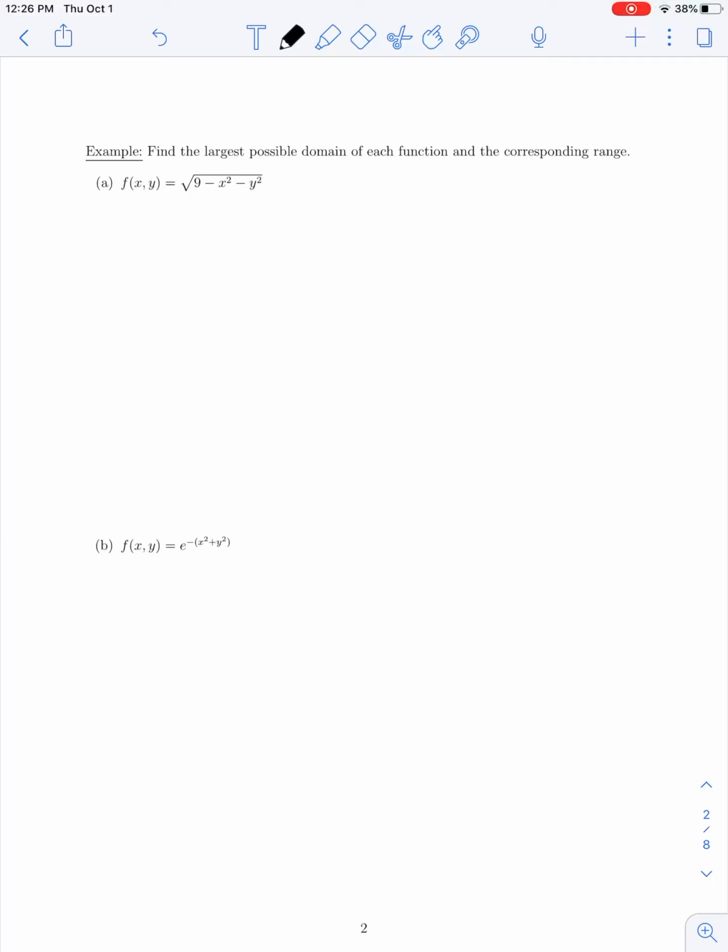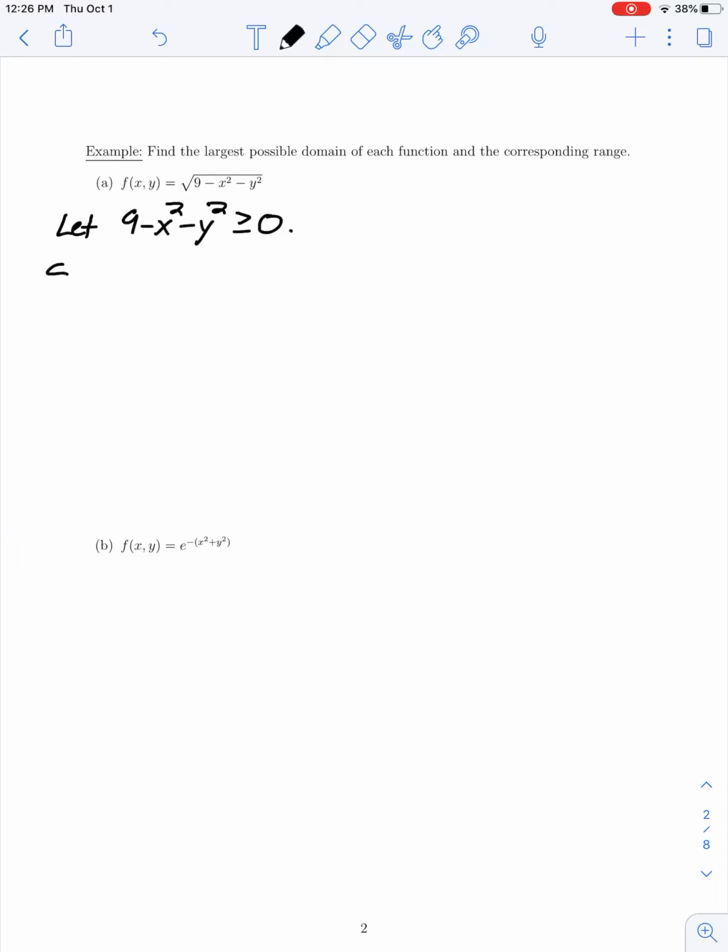So in part A, we have the function f of x, y defined as the square root of 9 minus x squared minus y squared. Now, in order for this function to be defined, we need the expression under the square root, that is 9 minus x squared minus y squared, to be non-negative, so that we have a real number as our output.